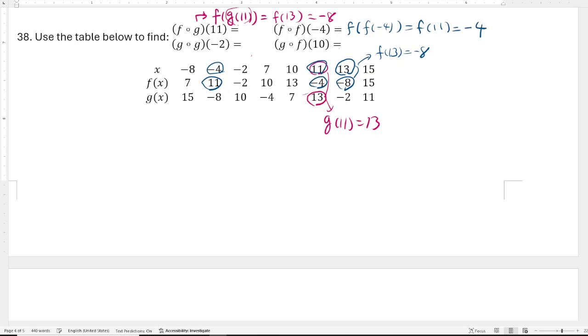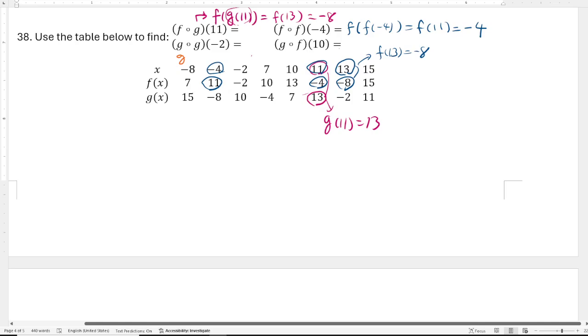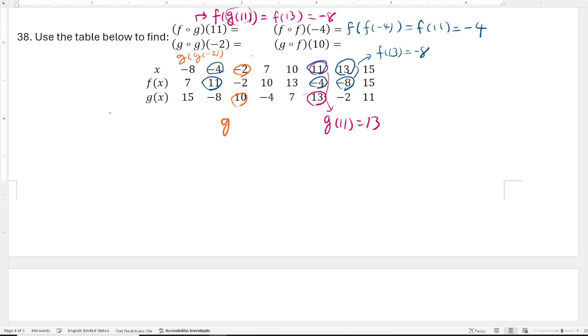So you get that as the answer. Okay. How about g of -2? G of -2 is 10. So this is going to be g of 10. And g of 10 is 7, so that's going to be 7.